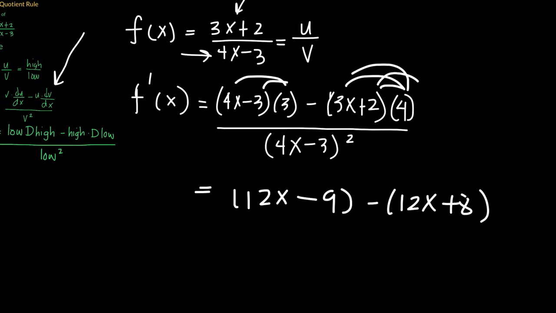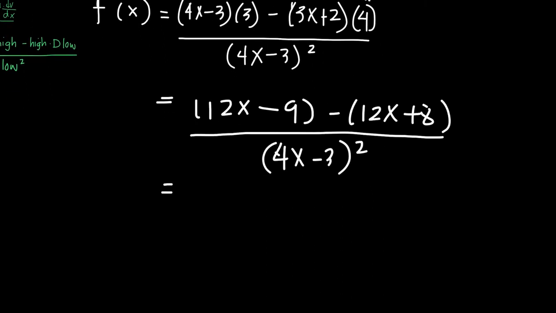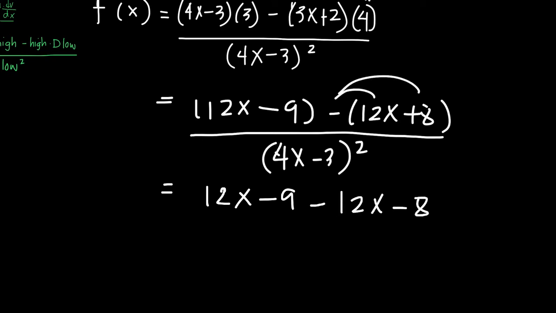Now again, you can always do it directly, like remove the parentheses, but just to avoid those common mistakes in distributing expressions, I suggest you place them inside the parentheses. Now after that, you simplify it by removing the expression from the parentheses. So 12x minus 9, and you have minus 12x, and minus 8, divided by 4x minus 3 raised to 2 or squared.